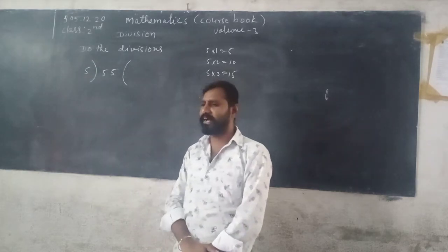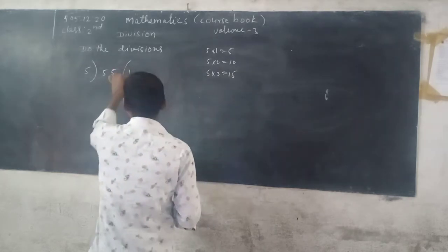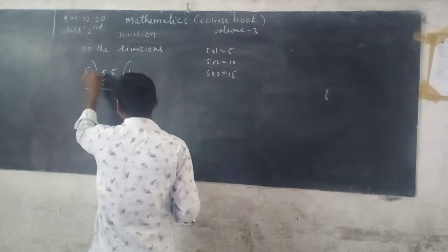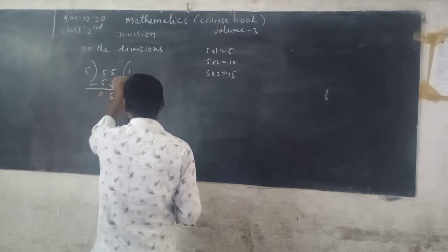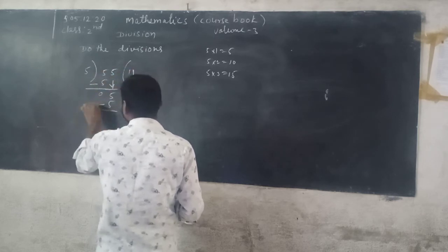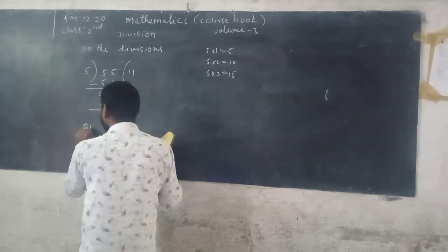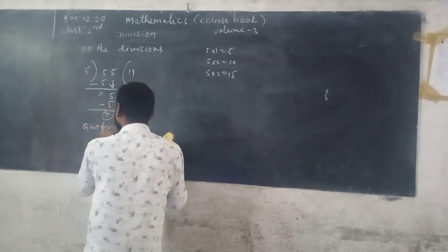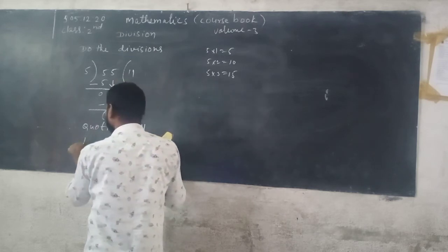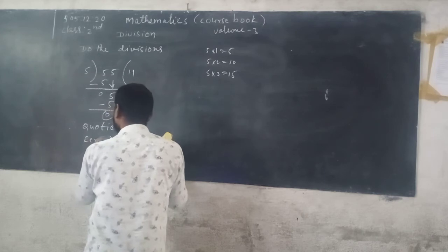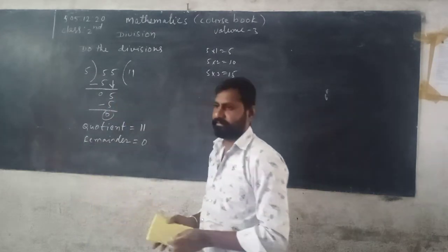So 5 1s are 5, possible. 5 minus 5, 0. Bring down 5 to the remainder. Again 5 1s are 5. 5 minus 5, 0. Therefore, quotient is equal to 11. Remainder is equal to 0.